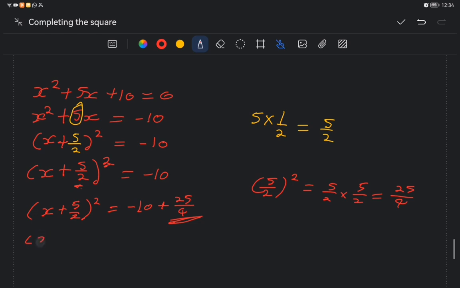So we have x plus 5 over 2 whole squared. Sorry there, just make sure it's low enough. So we've got 5 over 2, everything squared is equivalent to, let's punch that in our calculator, negative 10 plus 25 over 4. And then we have negative 15 over 4.